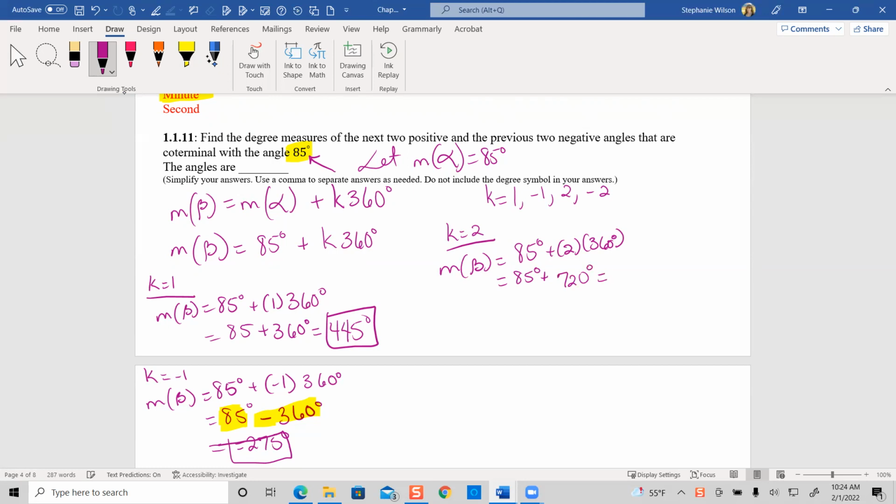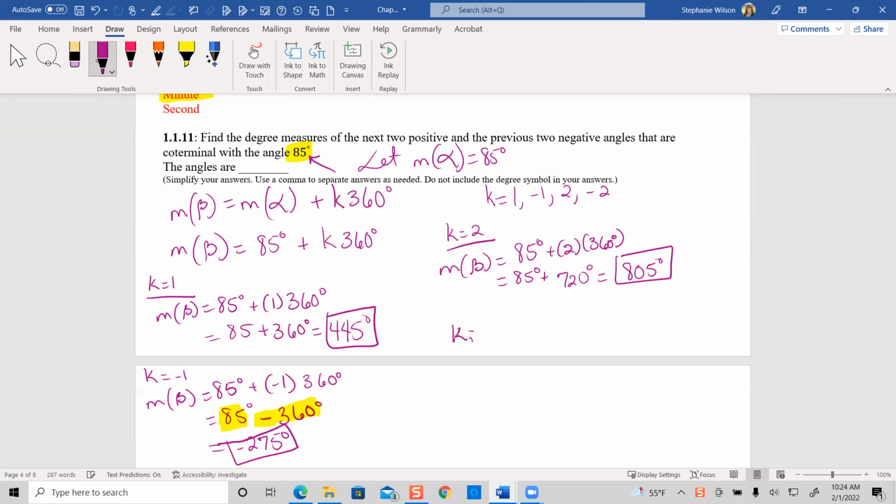And now let's add those two together and we get 805 degrees. So when the constant K is 2, we get 805 degrees for beta. And I just want to clean this one up. It was a little messy here. Just clean it up. All right.